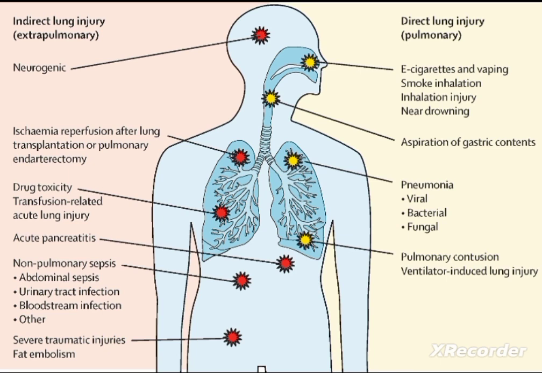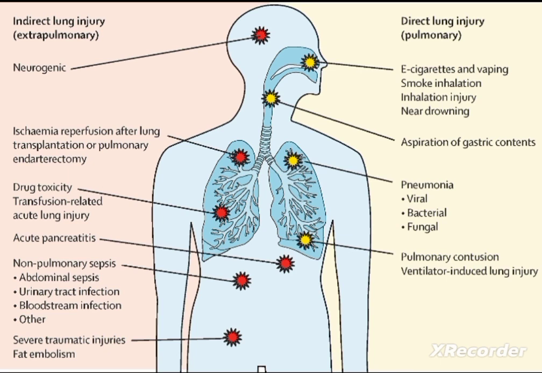Then drug toxicity, transfusion related acute lung injury, then acute pancreatitis. Then non-pulmonary sepsis like abdominal sepsis, urinary tract infection, bloodstream infection and others. And then severe traumatic injuries, fat embolism. All these are indirect lung injury, indirectly affecting the lung.